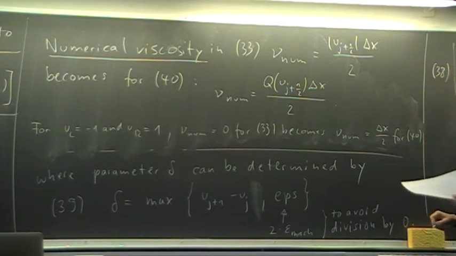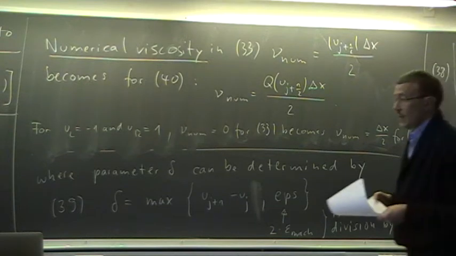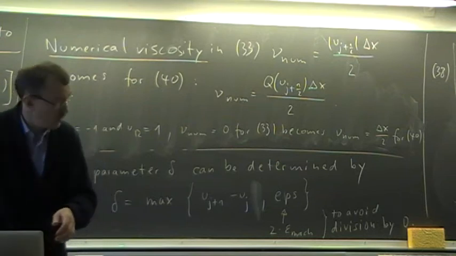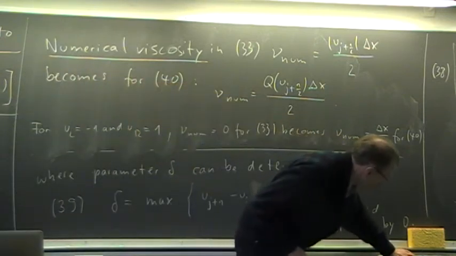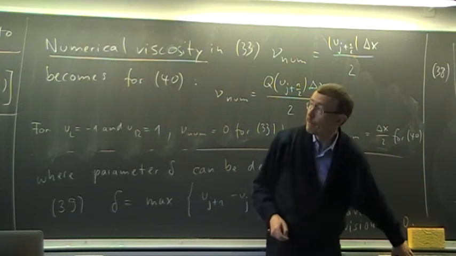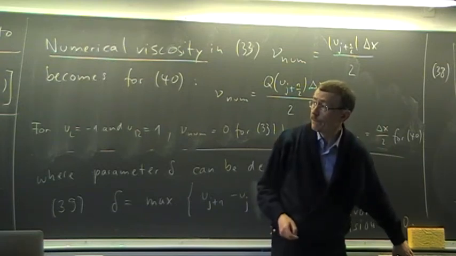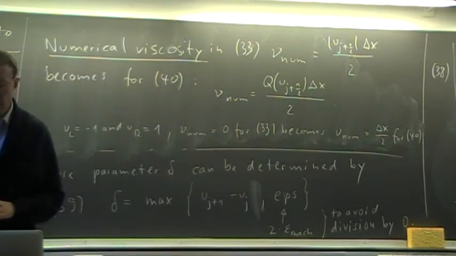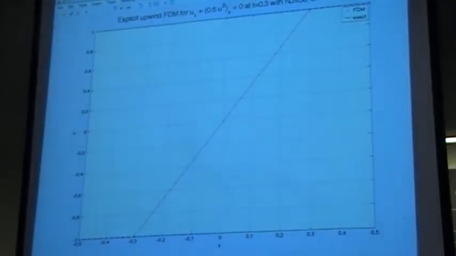So we get something. And that turns out to be enough that the method recognizes that we have a rarefaction wave and that develops into a rarefaction wave. Let us see that. This was the example without entropy fix, where we had used the original form of the numerical flux function, 33.